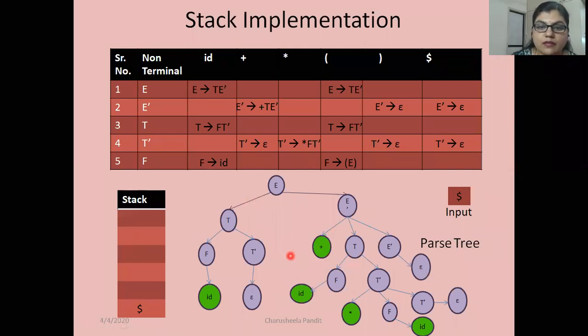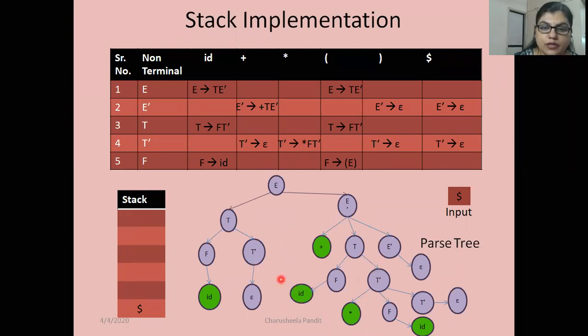But you know that because this is a graphical representation, compiler cannot generate the parse tree this way. Then what is the way to represent this parse tree or the generation of the parse tree? Parse tree generation can be done, or the compiler generates the parse tree, with the help of a stack.